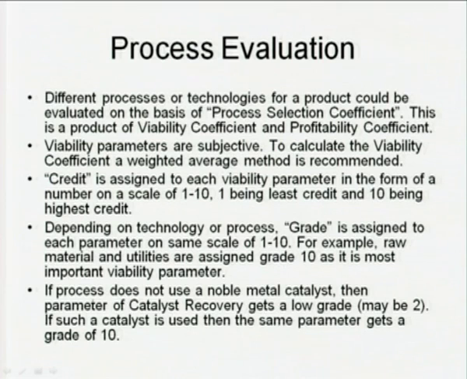What we will do is list all these parameters, for example, the parameter of raw material, then the parameter of utilities, then environmental factors, and so on and so forth.